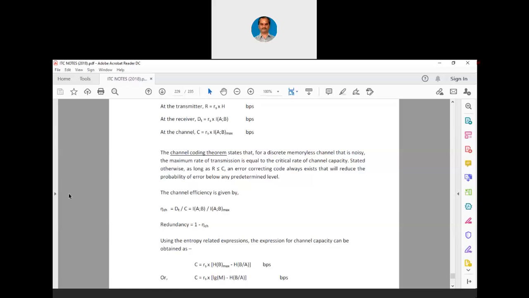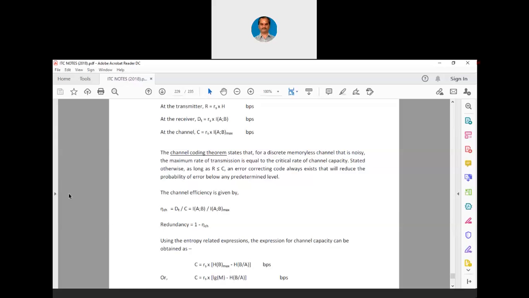Naturally, when more data rate is pumped into the channel, the channel cannot withstand that much data rate. The channel itself will introduce a lot of distortions or noise during the transmission. So here the channel coding theorem says, as long as R is less than or equal to C, errors will not occur because of the channel.